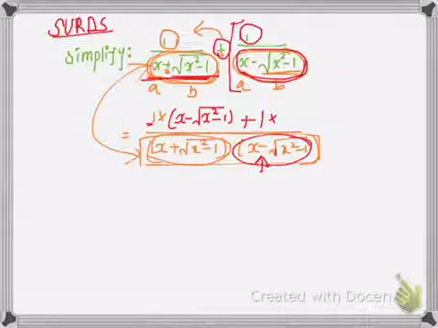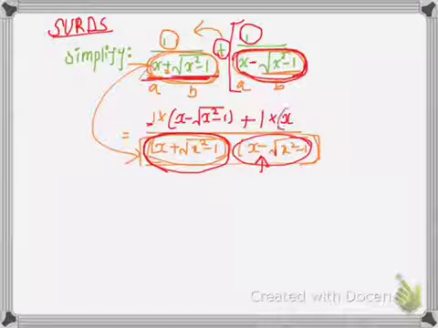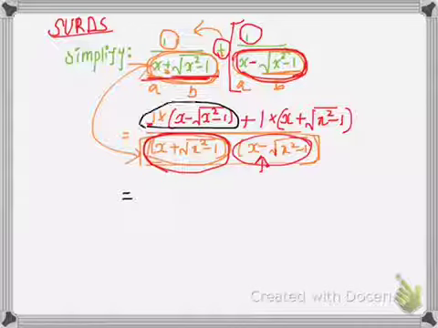We have x minus root under x squared minus 1 present in this expression, but this expression is missing x plus root x squared minus 1. So I'm going to multiply it with x plus root x squared minus 1. So 1 times x minus root under x squared minus 1.